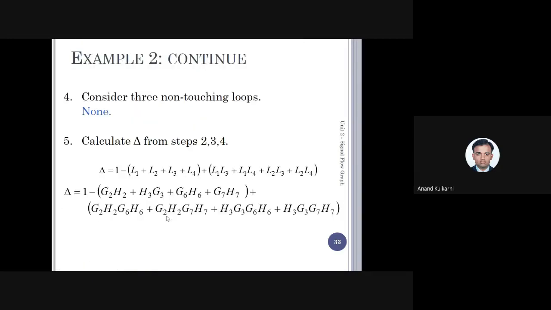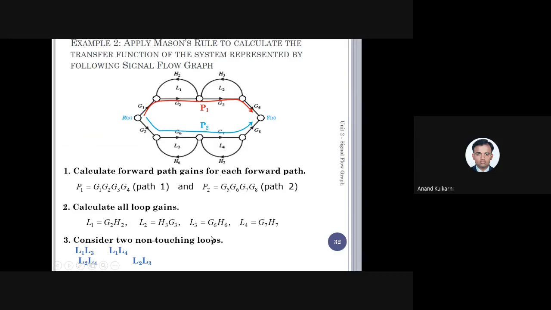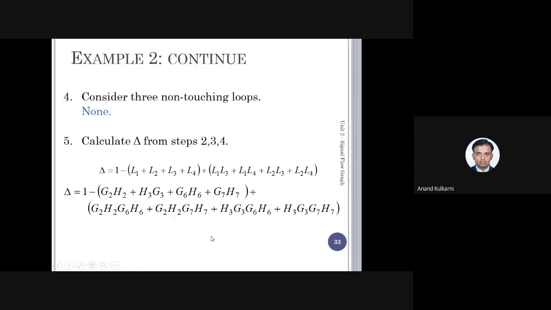After this, we'll have to go with finding the delta. What is delta? Delta is 1 minus, as I've told, since it is an odd number, all the loop gains of single loops, so it is L1, L2, L3, and L4. As it is an odd number, we have a negative sign. Plus, because when we take two non-touching loops into consideration, since it is 2, we have a positive sign.